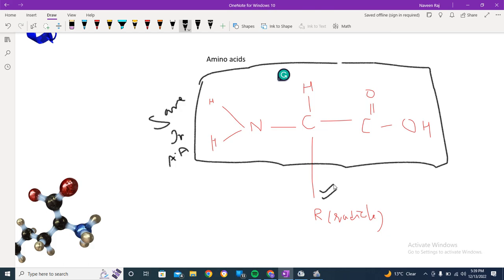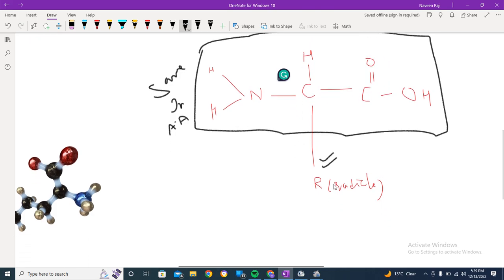We'll be talking more about the radical, and examples of radicals and all that, in our upcoming videos. Some of the examples may be hydrogen.